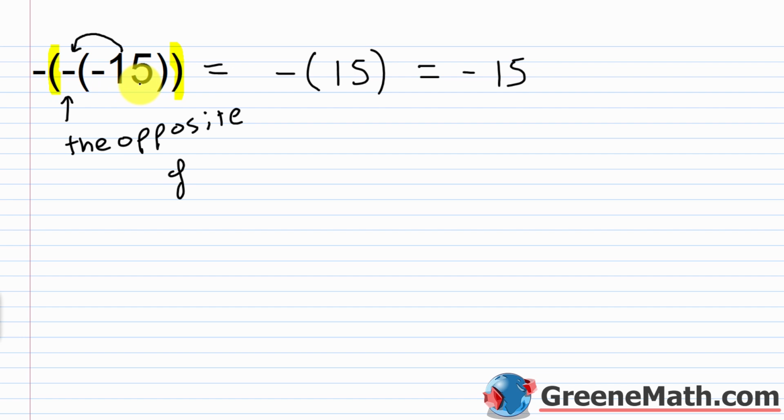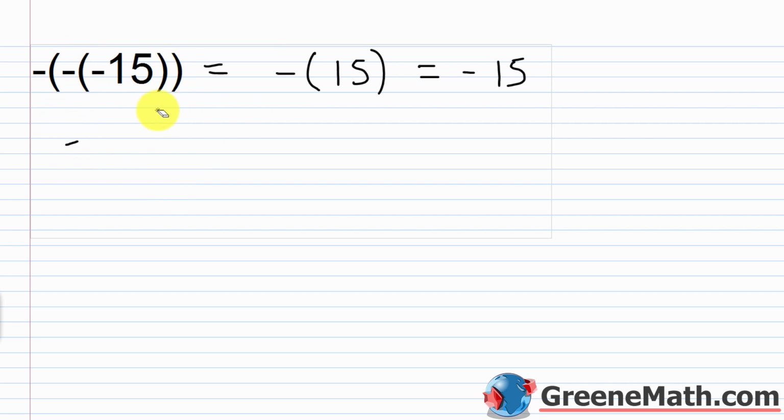The quick way to do this is just to realize that each time you have a pair of negatives, it's going to make a positive, right? So this one and this one are a pair, so that makes it positive. You recall that we ended up with a positive 15 inside the parentheses, and then we had the negative out there. There's nothing else to pair up with this, so it becomes negative. So you think about a pair as being 2.